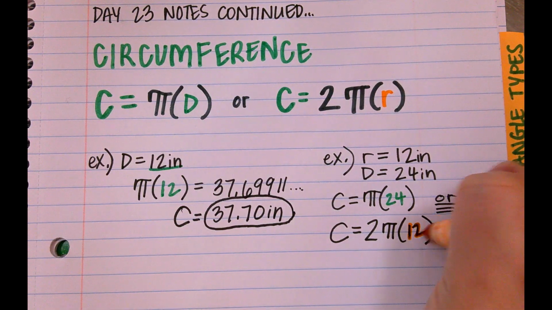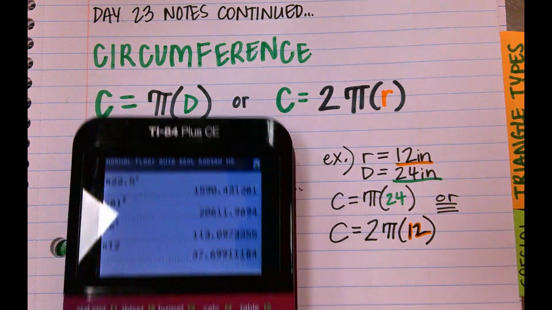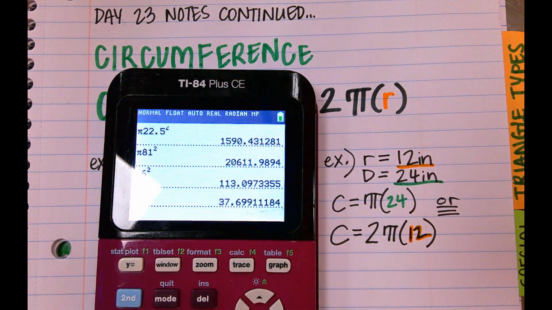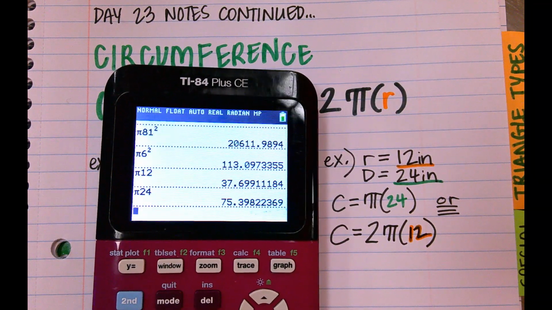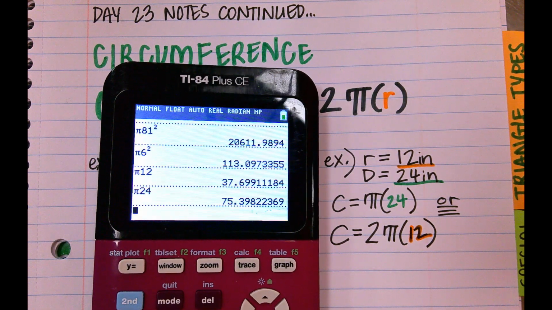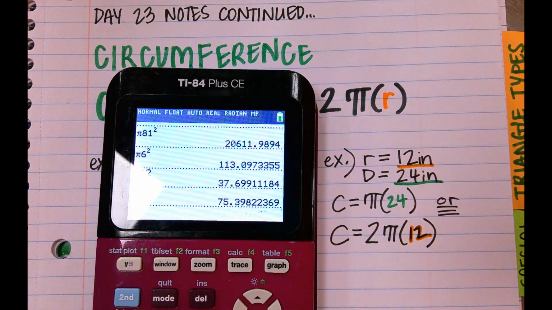Let's see what happens when we use either of these formulas. We should get the same answer. So first I'm going to try pi times 24. It's 75.39, or if we round it up, it'd be 75.40. Getting a lot of those 9s being rounded up. And what happens if I type in 2 pi 12?